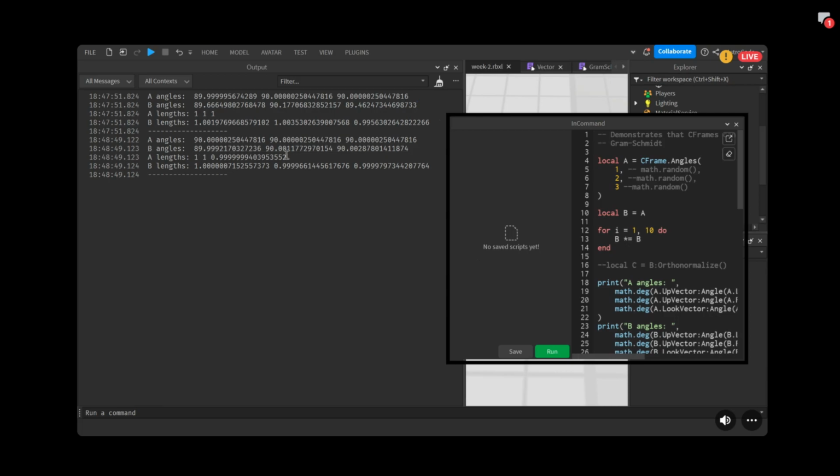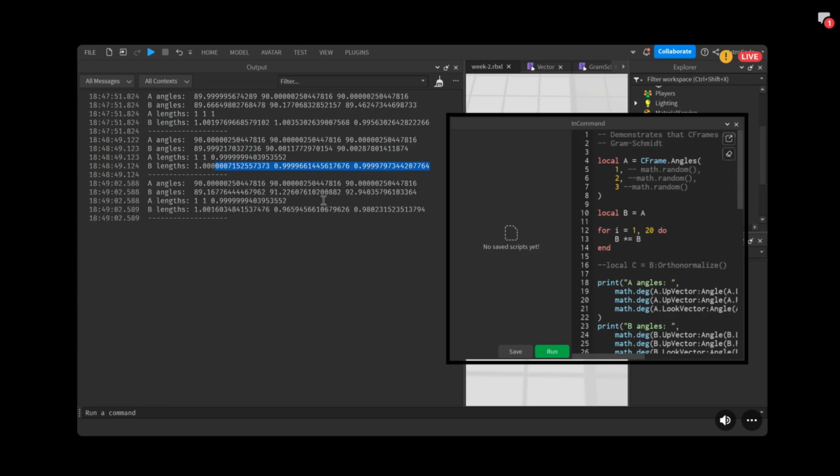Still roughly 90-degree angles, roughly unit length. We'll do it again, multiplying 20 times. Okay, it's getting a little worse. How about 30? Oh boy. Now the angles are 180 degrees and the lengths are God knows. So you can accumulate error doing this very quickly.